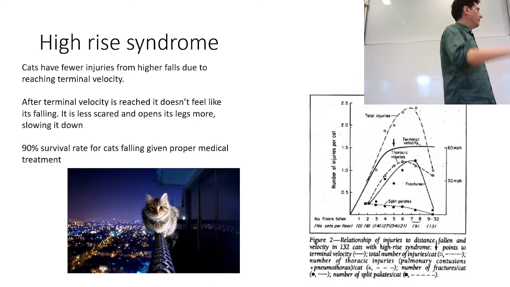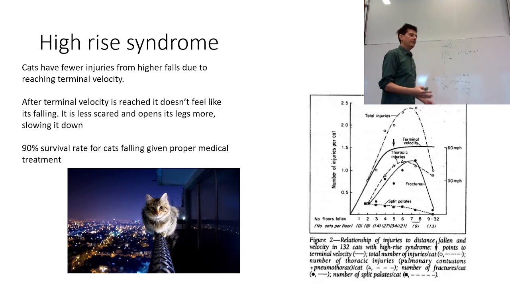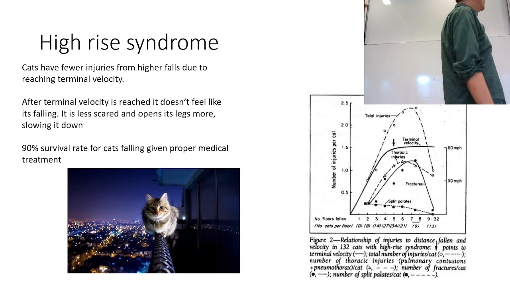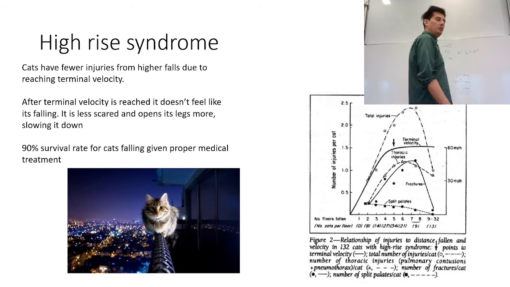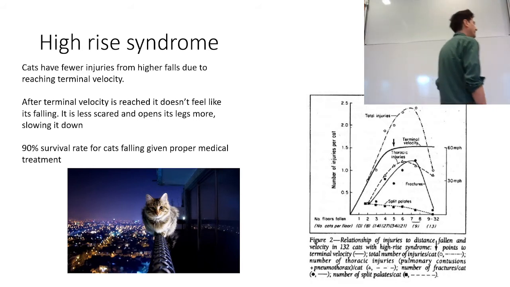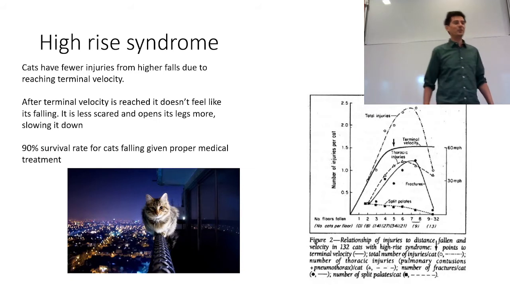So at some point the survival rate, or the number of injuries that the cat has, doesn't really go up. So cats potentially, well, you probably don't want to do this, but you could probably throw your cat from the Shanghai Tower, and there's probably a 90% chance that it'll be fine.